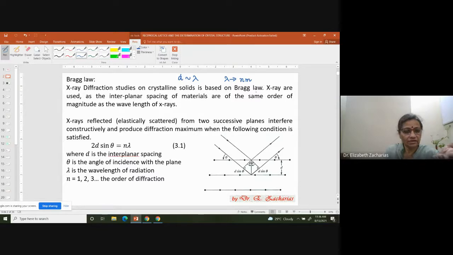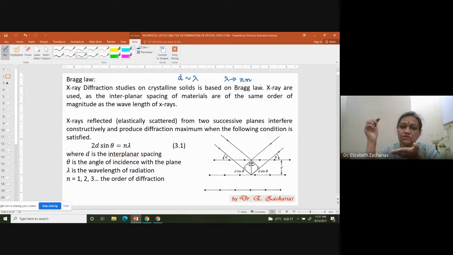You know that in the case of crystals or any atomic structures, the space between the atoms is of the order of nanometers. Therefore, when you allow X-rays to hit crystals, the X-ray will not see it as a surface. When you allow visible light to fall, I hope you all remember, the lambda will be a few hundreds of nanometers.